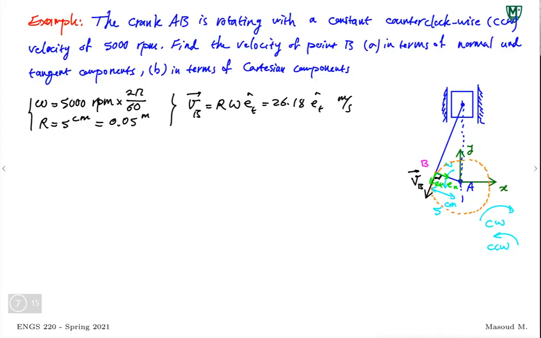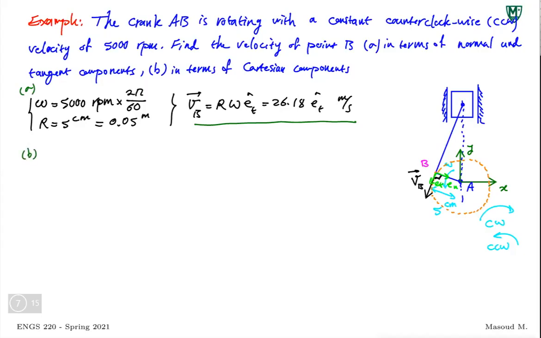Let me just identify that as one thing you wanted to find. So this is the answer to part A. In terms of normal and tangent components, there is no normal component for velocity. We already know that. Tangent component 26.18 e_t.